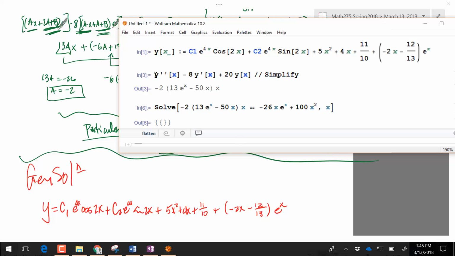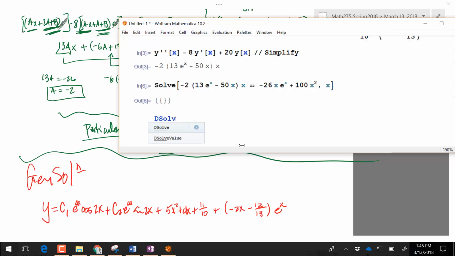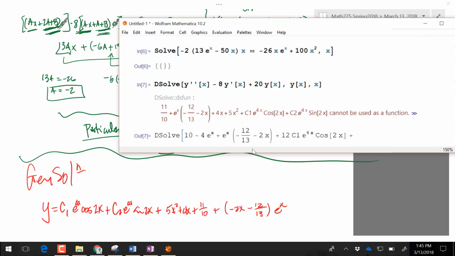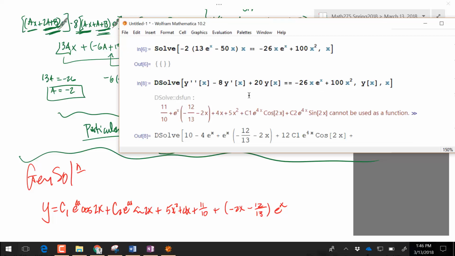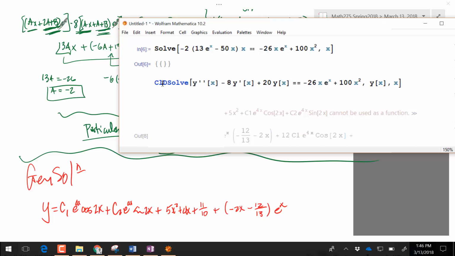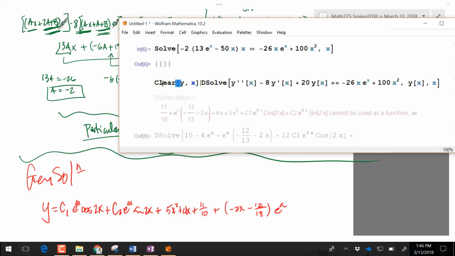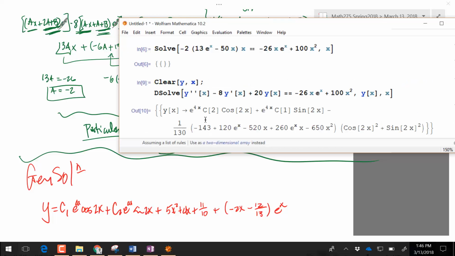Let's ask it to solve this. Here's our solution according to Mathematica.